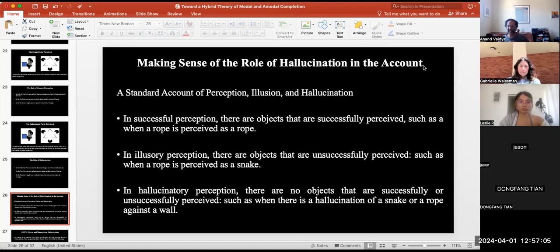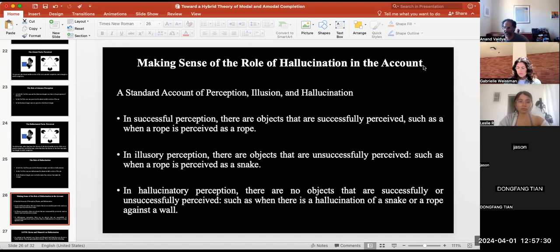So what we mean in the case of perception is success in a certain way. And in illusion, we mean failure in a certain way, but success in another way. And hallucination, what we mean is double failure, right? So in perception, it's object capture and veridical presentation of the object. In illusion, it's object capture and non-veridical presentation of the object.